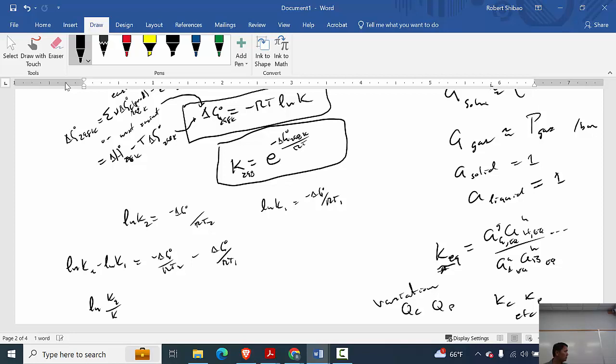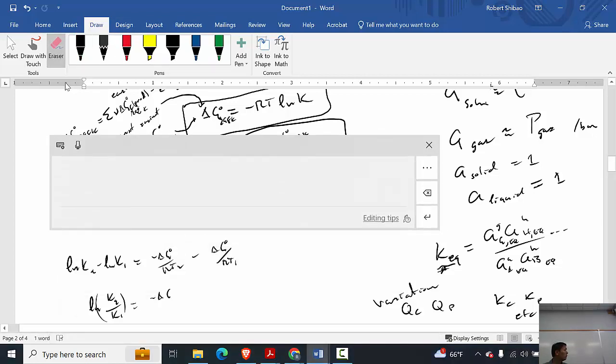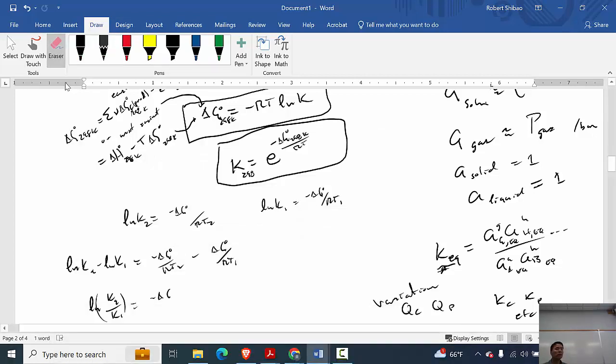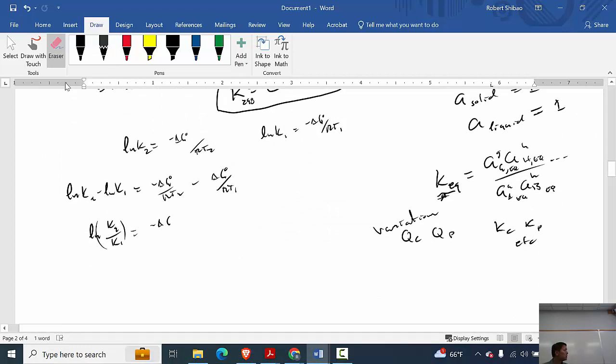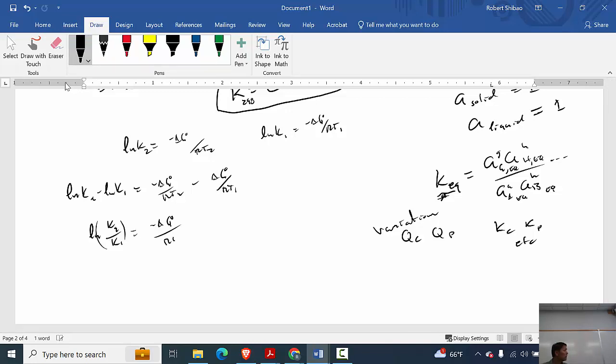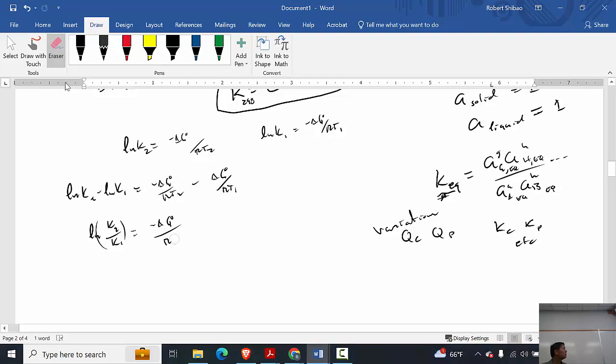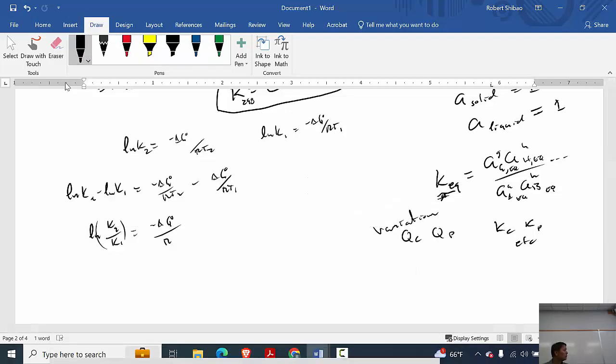I'm going to get ln of k2 over k1 is going to equal minus delta G naught over RT. Oh, actually, no, I'm going to factor out the T's. It's got different expressions. Let's do this. This is going to be minus delta G naught over R times 1 over T2 minus 1 over T1.